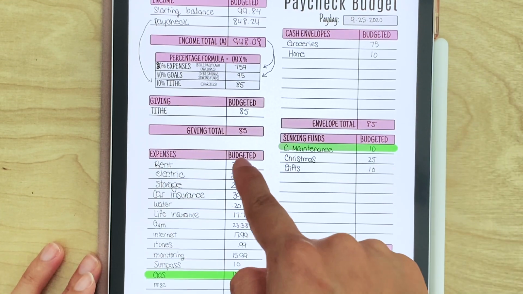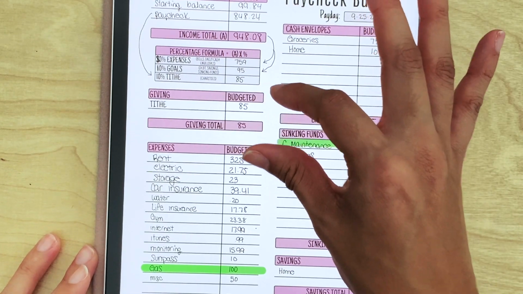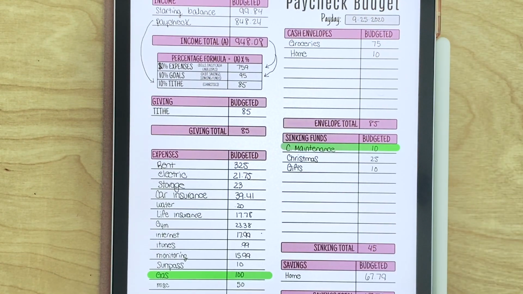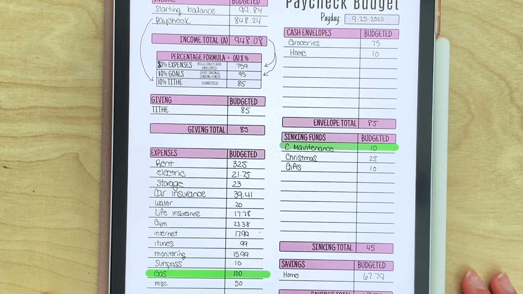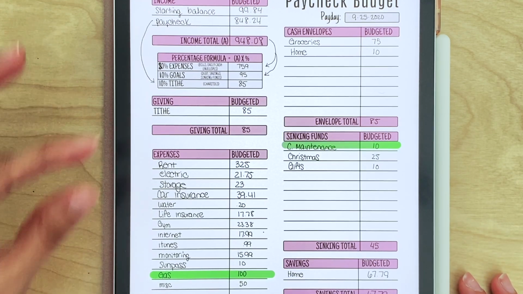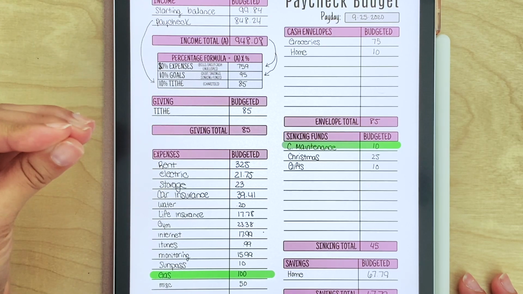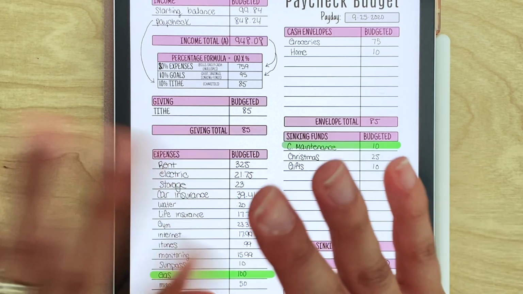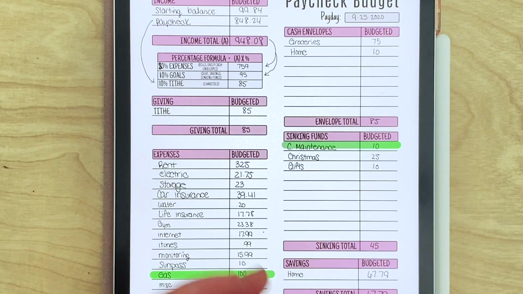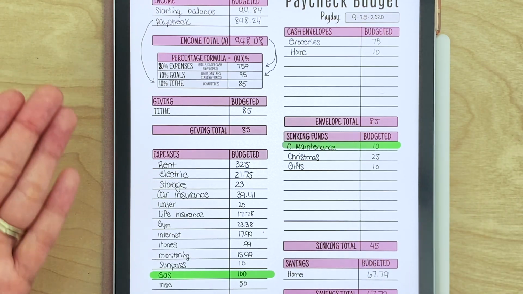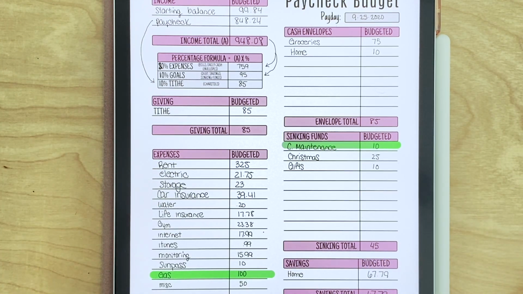So I put in the giving. I have this featured on my worksheet because this is very, very important to us. It's up top, it's right here because we always give. No matter if we were in debt, we're no longer in debt now, but even though we were in debt, we still gave, we still tithed.